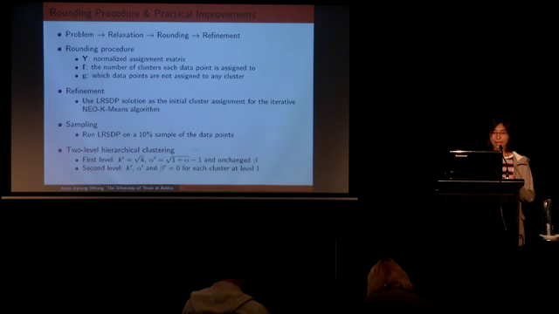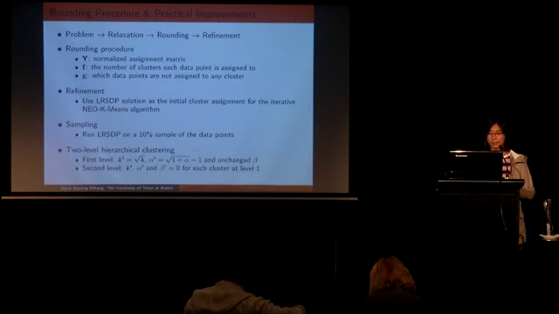After we get the LSDP solutions, we need a further step to round the solution to binary cluster assignments. Then we can use this LSDP solution as the initial cluster assignment for the iterative Neo-K-means procedure to improve the solution.